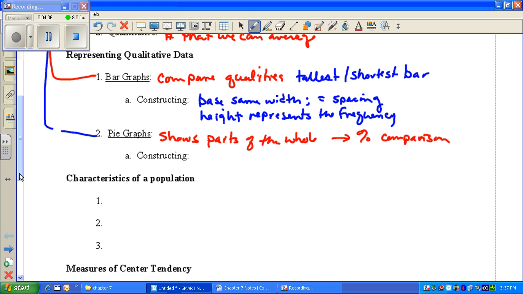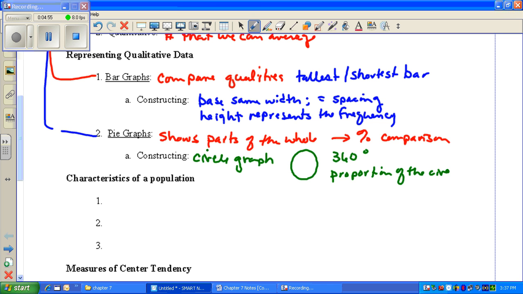Well, pie is sometimes also referred to as a circle graph. And in a circle graph, if you recall, there are 360 degrees in a circle. And so what we want is the proportion of the circle in degrees.